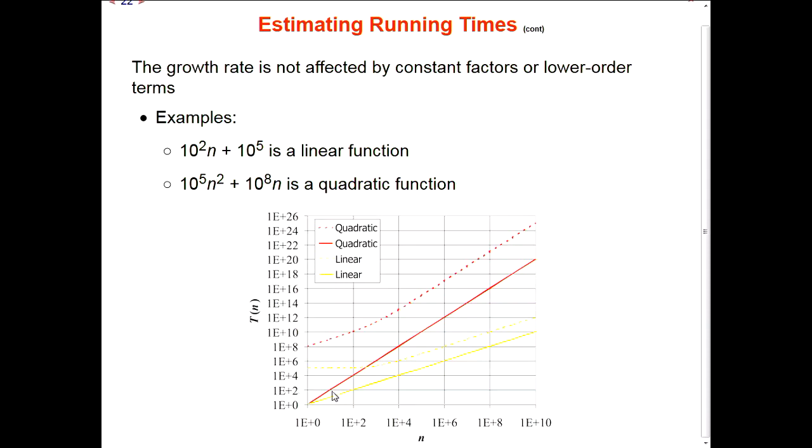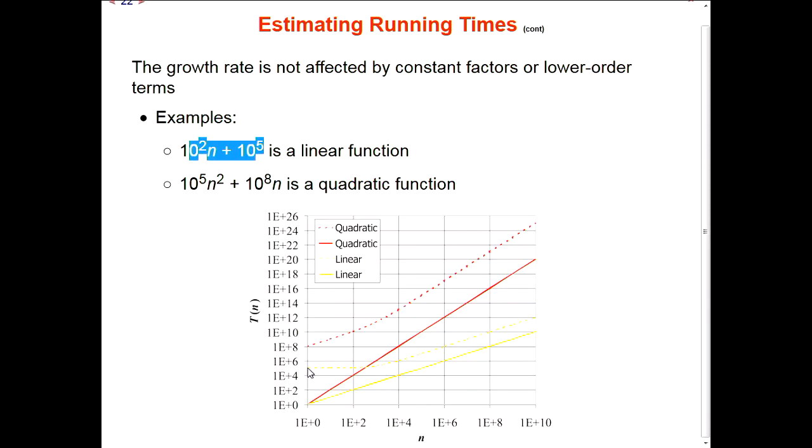And you can see that here, this yellow line is the standard linear that we had on the previous slide, and that dotted yellow line corresponds to that linear function here with that very high lower order term, 10 to the power of 5.